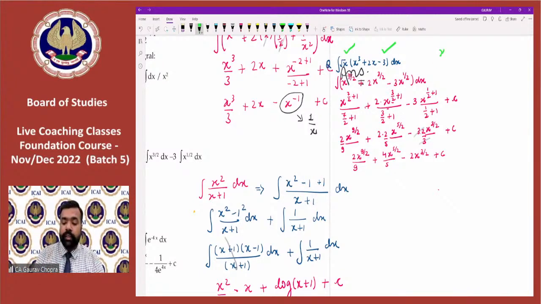Since x has power half and x has power 3, both the powers will get added. So x will have power 3.5, or we can write 7 by 2. In this manner, first of all, we multiplied, and after that, we did integration. For integration, add 1 to the power and then divide by the same power. All right.